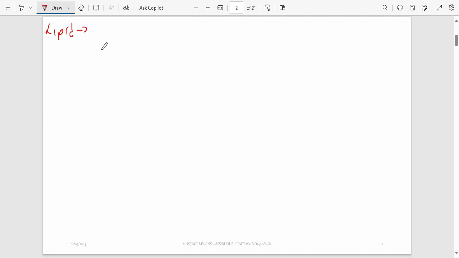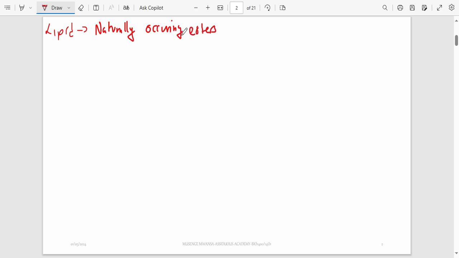From our grade 12 we know what esters are. But one important thing is that these are naturally occurring esters. We don't make them like that. You just find them in nature.